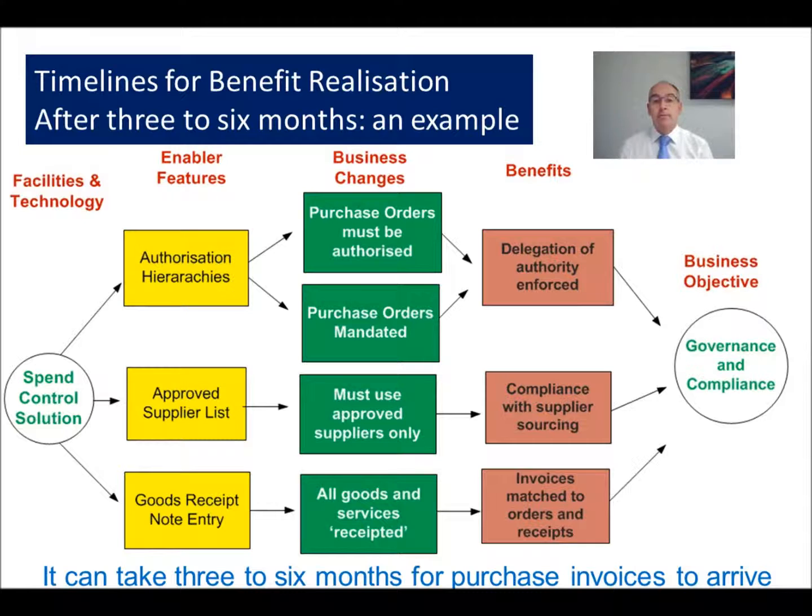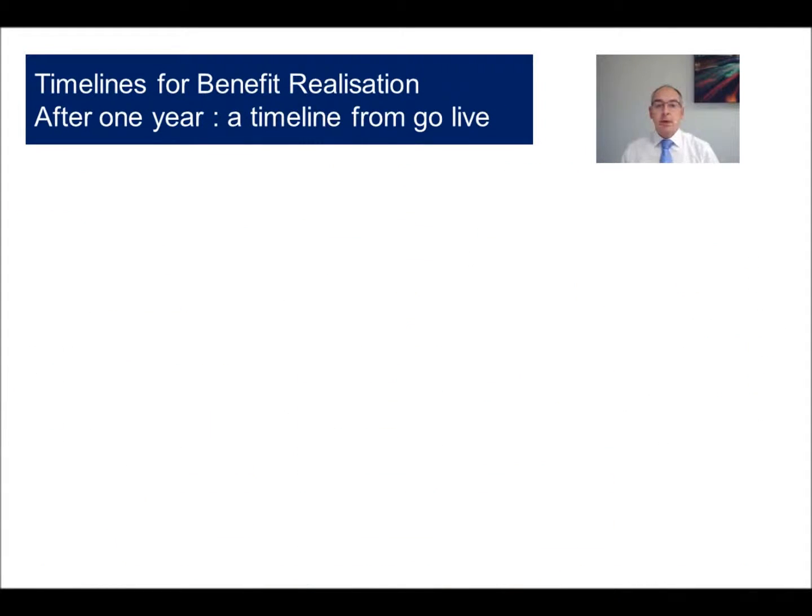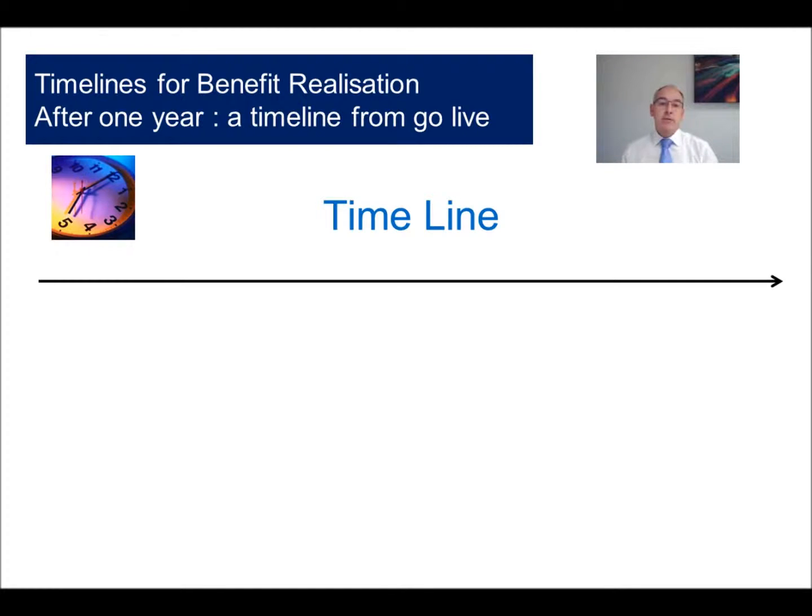spend lifecycle. In this example, we'll have a look at why it may take 1 year before we deliver a further set of benefits. If we take a timeline, and we'll have our start, a 6-month interval, a 9-month interval, and then 1 year after go live.